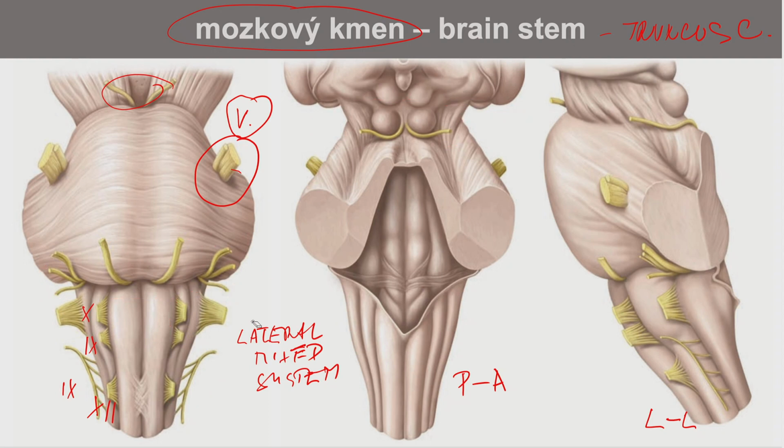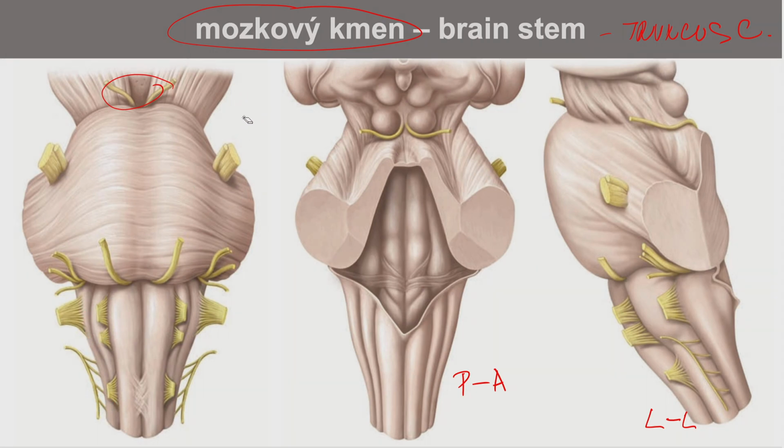So the posterior aspect, I have said that the cerebellum is cut here, and when we cut off the cerebellum, we see the space which has rhomboid shape, and this is called the rhomboid fossa. Rhomboid fossa is a part of the cerebrospinal fluid spaces.